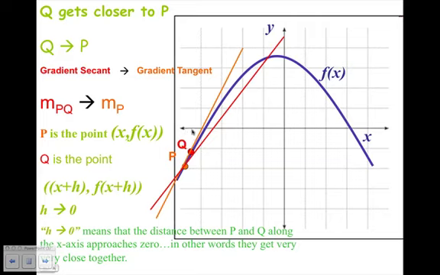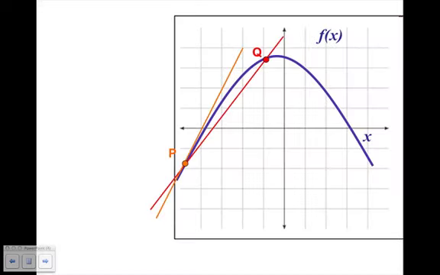So from here to here, that approaches 0, the closer and closer P and Q get together. Alright, so let's put all of that notation into some sort of formula.